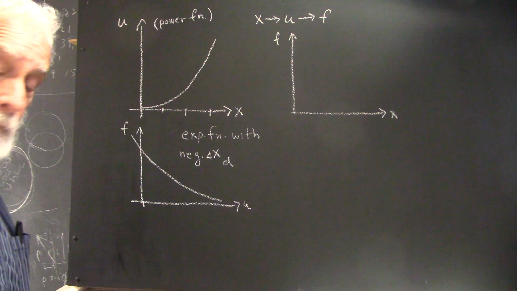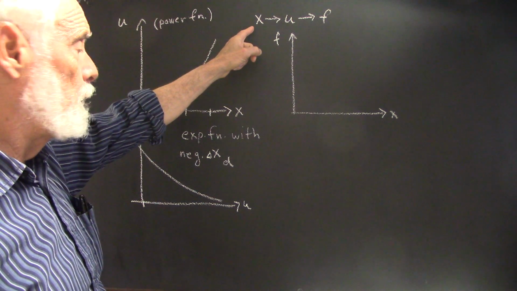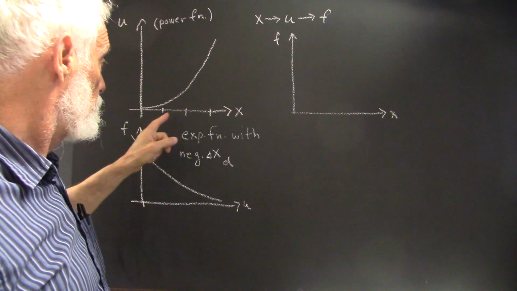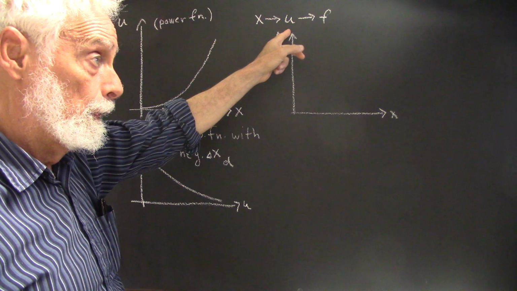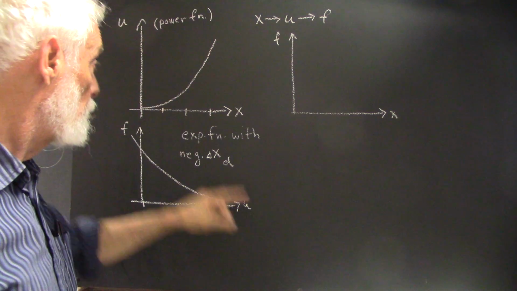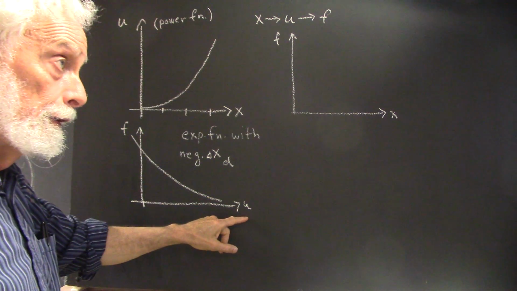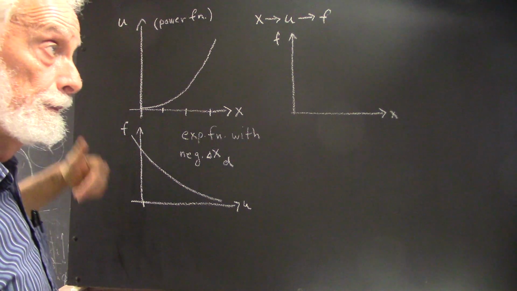Okay, so what we're going to do here is take each value of x here and determine the value of u, and then we're going to take that value of u, which we get here, down to this u-axis and construct the value of f.